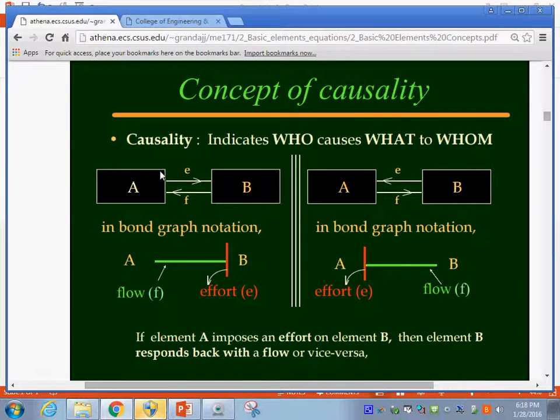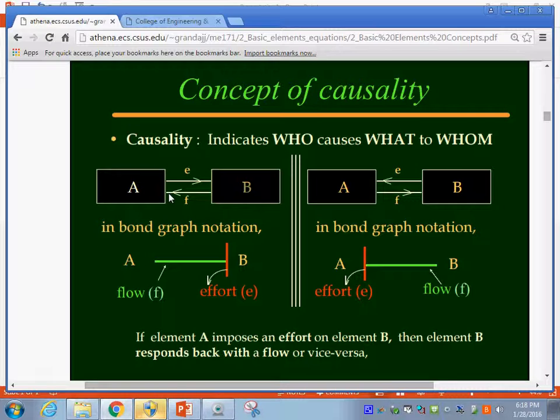So you have in here both of the methods that we are talking about in the most elementary way. This is a block diagram between element of a system A and element of the system B. If A sends a signal to B through this variable E, B responds with a flow.